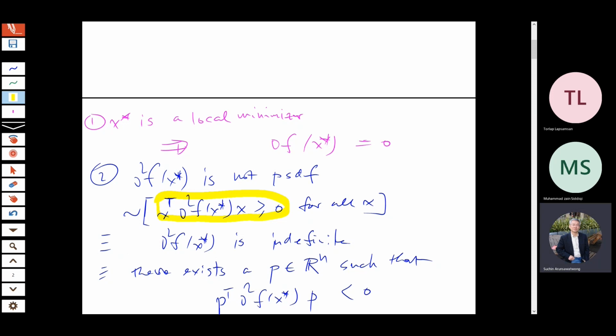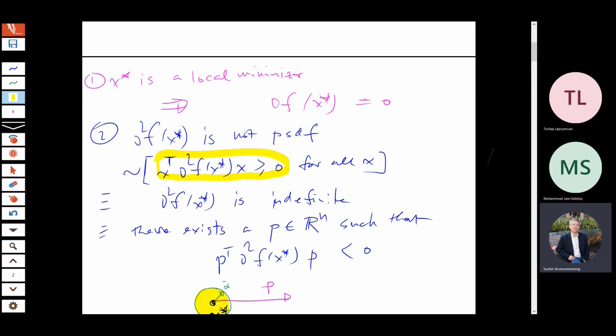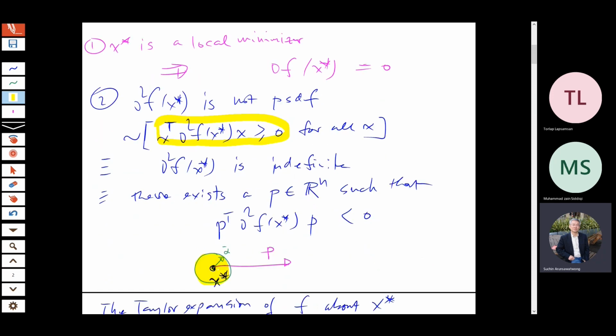That means each element of the H matrix is a continuous function of the vector x, and the H matrix itself is symmetric. That's the consequence of the assumption that the function f is twice continuously differentiable.